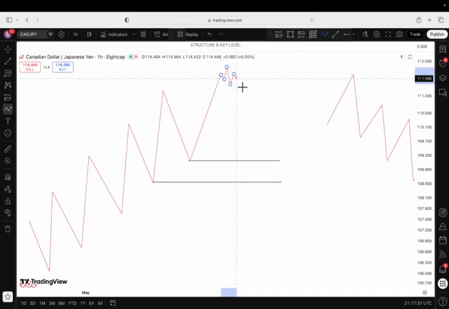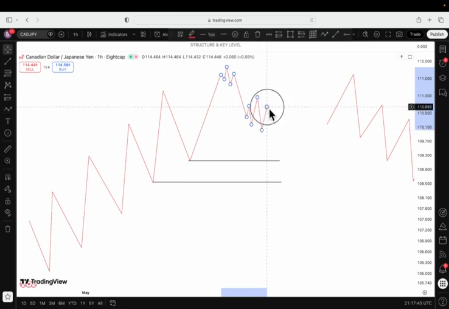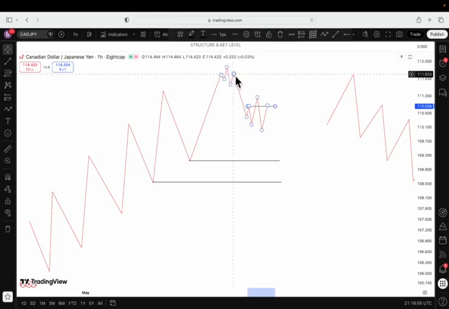If after this price decides to create more like this, I am not responsible for the next one you will take here. The only one that we can say has a better win rate is this. Now the reason is this thing is a downtrend, this thing is an uptrend overall. This first one is a counter, only the first counter has a better win rate.